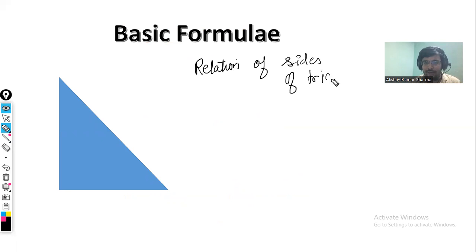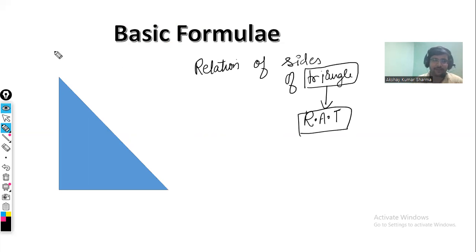Now the question arises, which type of triangle, sir? Basically the trigonometric concepts can be applicable only on a right angle triangle. This trigonometric function can be applied on a right angle triangle only. Did you get my point, everybody?